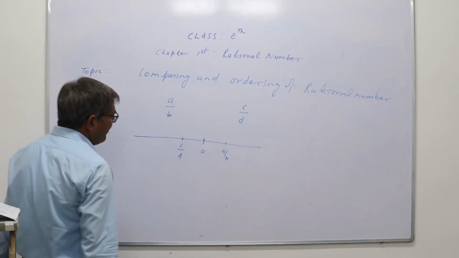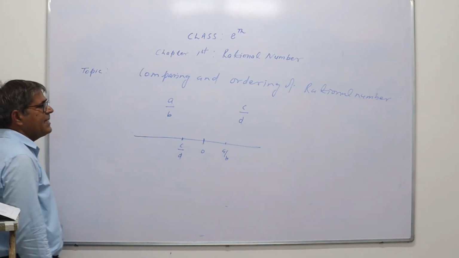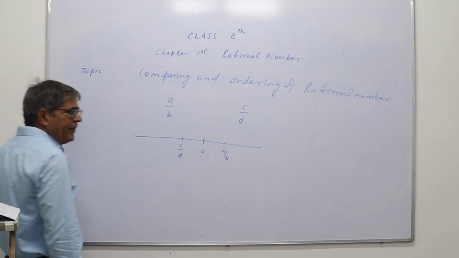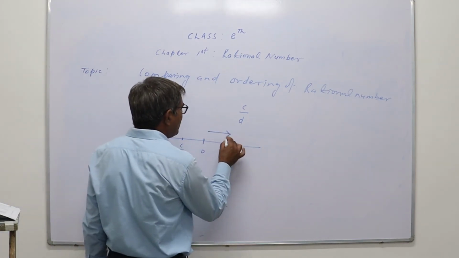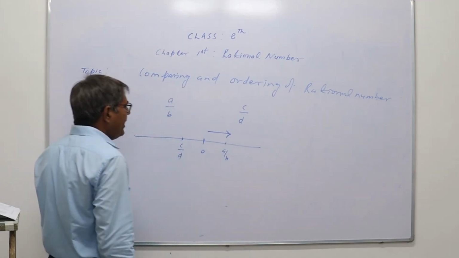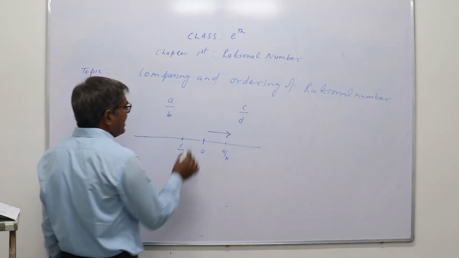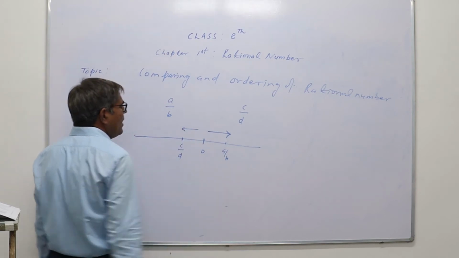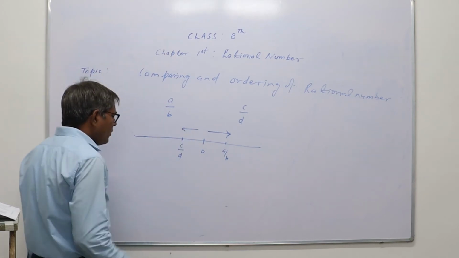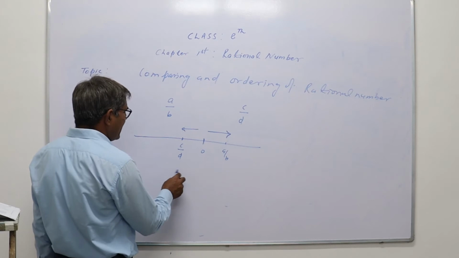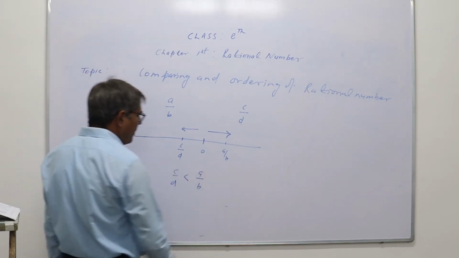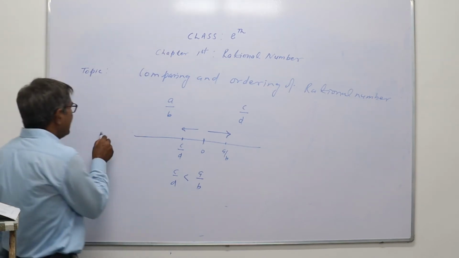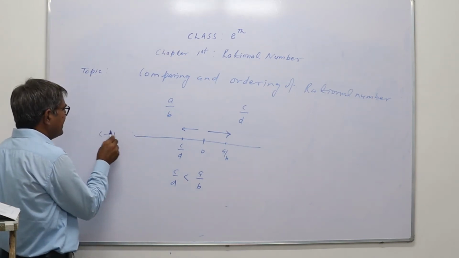And now if we have to compare which rational number is greater, then the rational number which lies to the right of 0 will always be greater than the rational number which lies to the left of 0. So in this case, c upon d will always be less than a upon b. This is the first case.